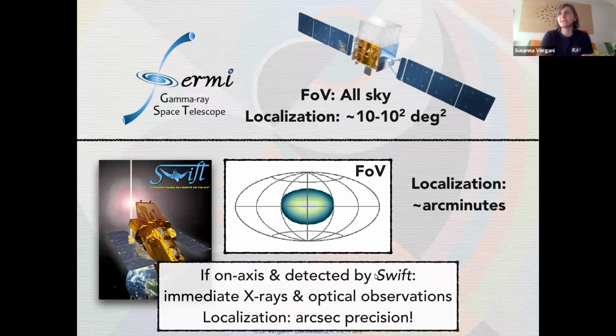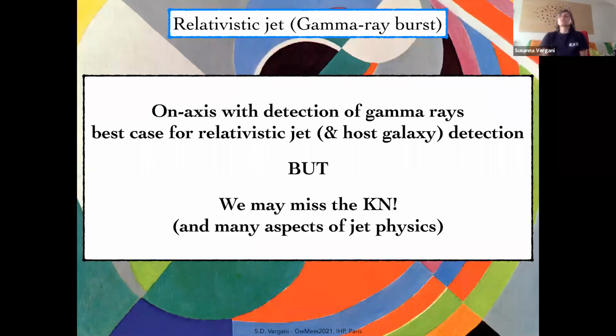That means the best telescopes in the world can go and point in that direction, because we know exactly where the event is. So this is the best case for the relativistic jet and for the host galaxy detection, but it has some issues, in the sense that since I am on axis, I will lose many aspects of the jet physics.